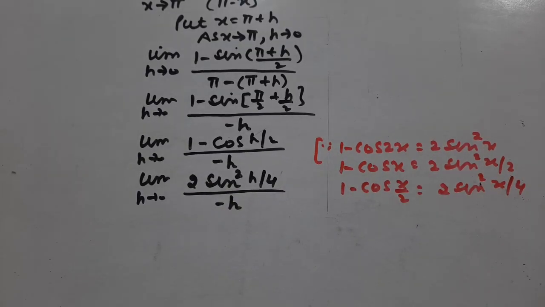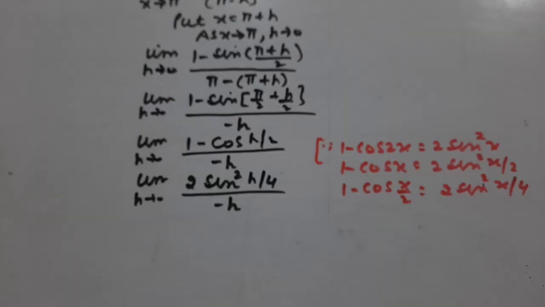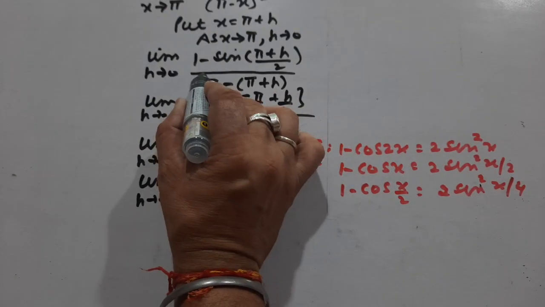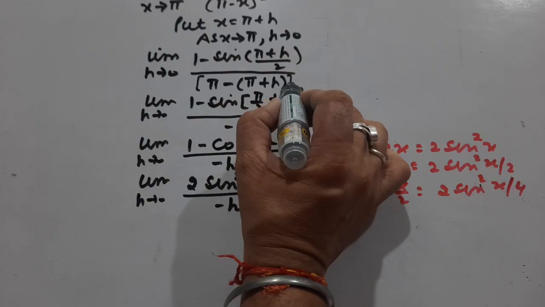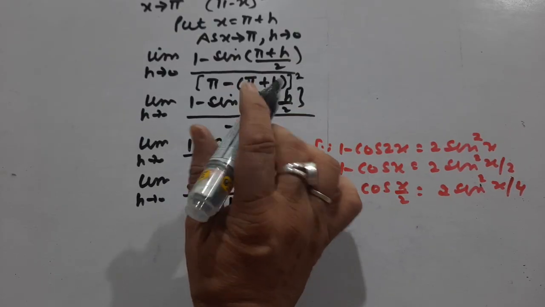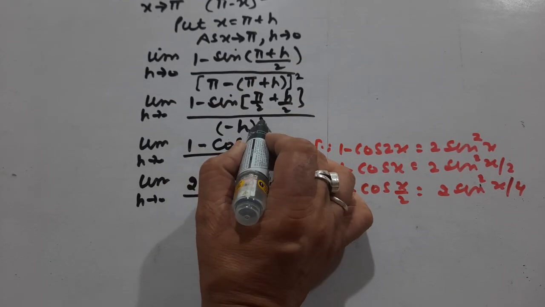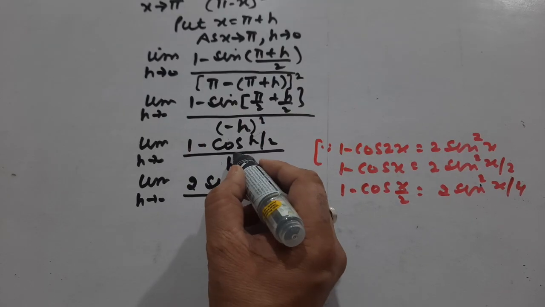Now to find out this limit, students, there is a little correction here. We have whole square, so we write minus h whole square, so this becomes h square.